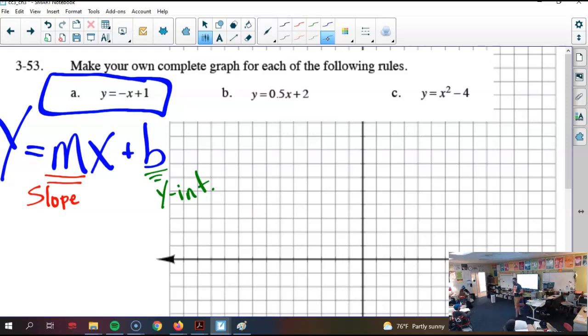Do this if you have it. Talk with your team. You should have 3 things graphed. If you don't, we're going to do it together. Harmony! That's fine. Let's just do this on here. So you have to put 3 on.